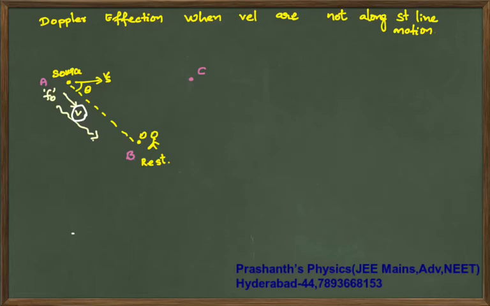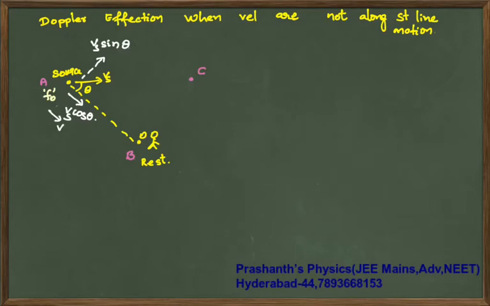In all these cases, how do you actually apply Doppler effect is, whatever is given, just resolve the velocities along the line joining the 2 points. So at this instant, your velocity of source component perpendicular to line joining these two is Vs sin theta. In this direction it is Vs cos theta. And your sound will travel from here to here.